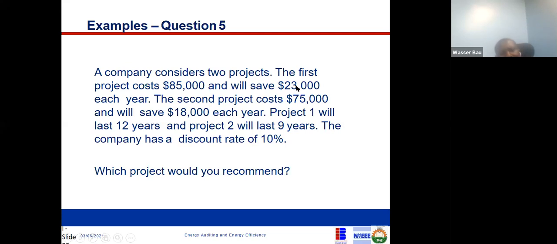At this point, we might not say precisely what they have done to save this, but suffice it to say that they must have captured, for instance in a household, this 85,000 will involve changing the AC from window units to a more energy-saving unit.